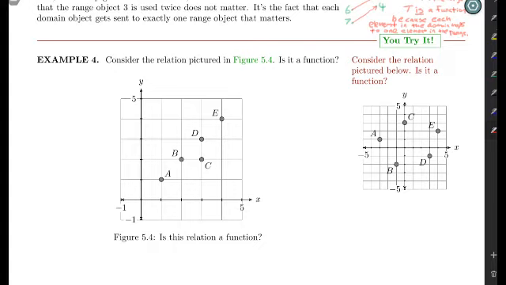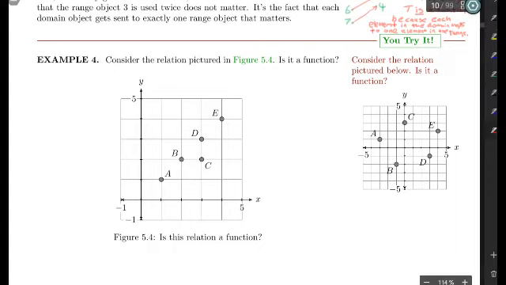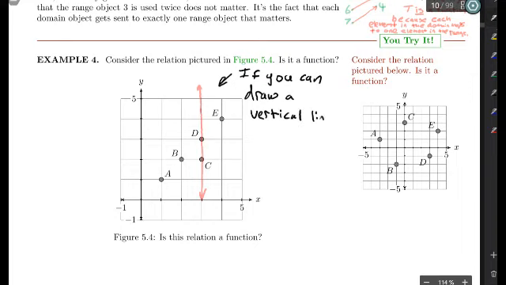Well, I can tell you right now, no. And graphically, when you see a vertical line, if you can draw a vertical line through 2 points of a relation, then it can't be a function.